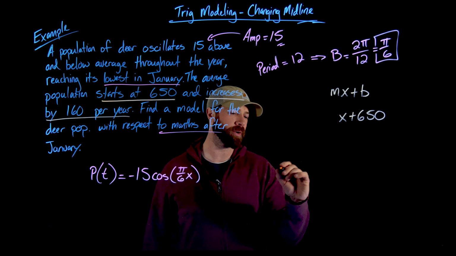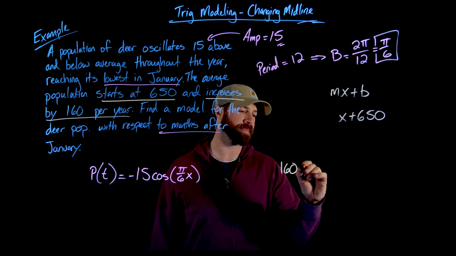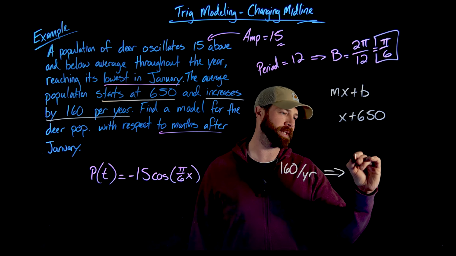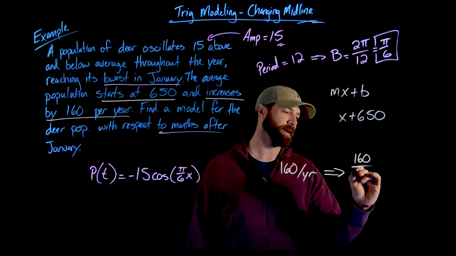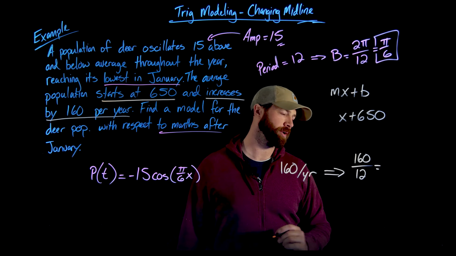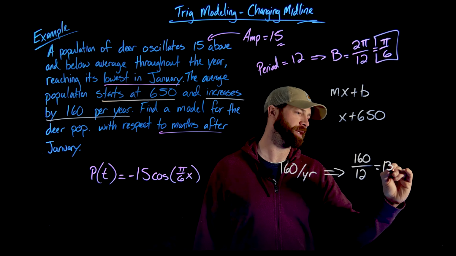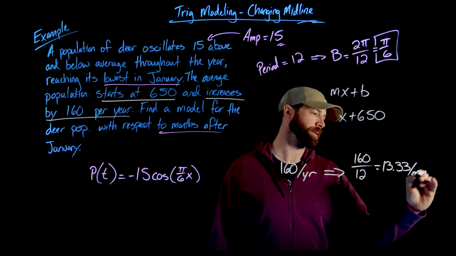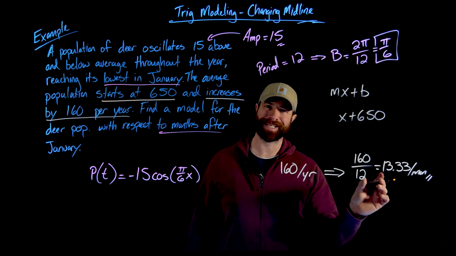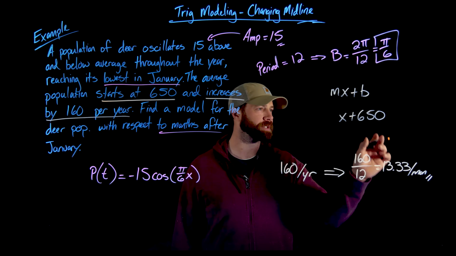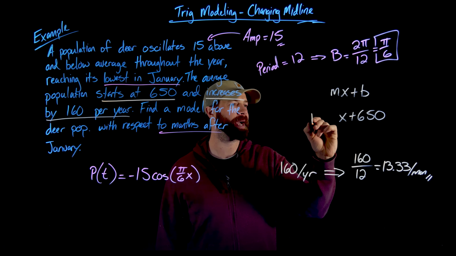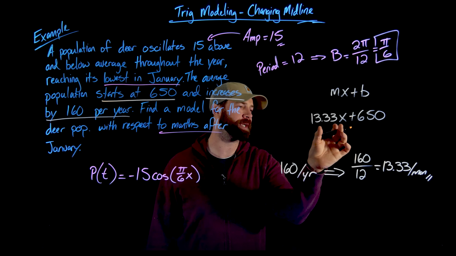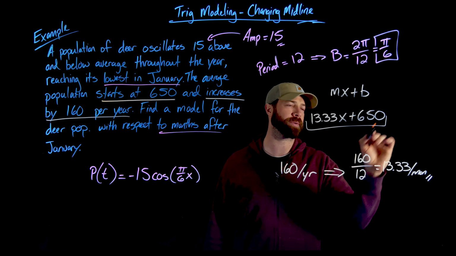If it is 160 per year, we can find the amount per month by taking that 160 and dividing it by 12. When I throw that in my calculator, I get 13 1/3, or 13.33, per month. So again, this is the growth per month. I start at 650, and I have this linear growth per month of 13 1/3, or 13.33.